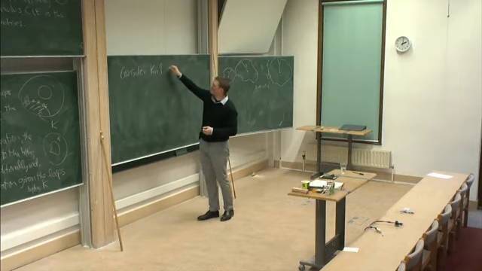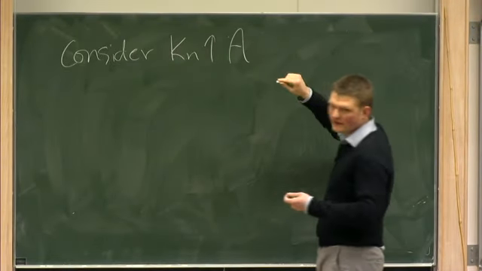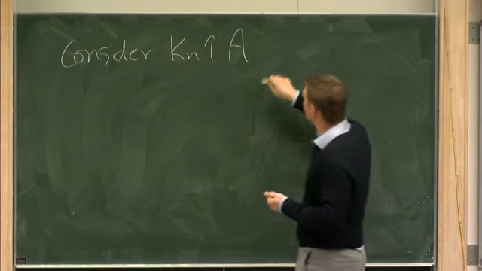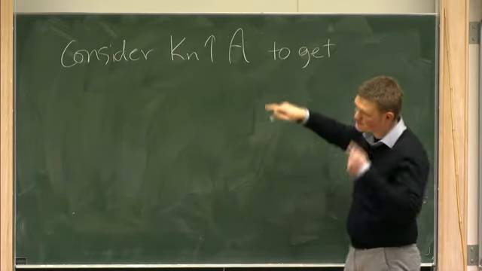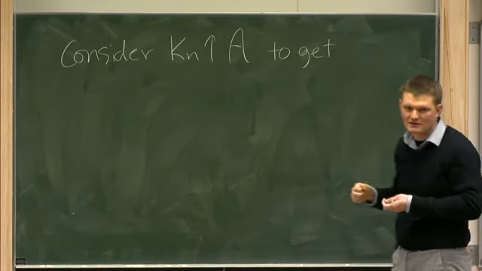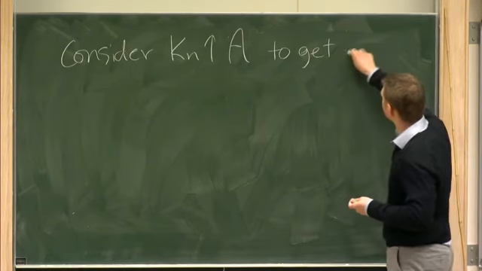So take a sequence of compact hulls approximating the annular region A and stitch together explorations of these K_n to get an exploration of A.